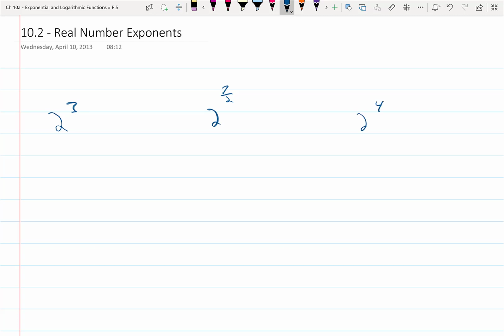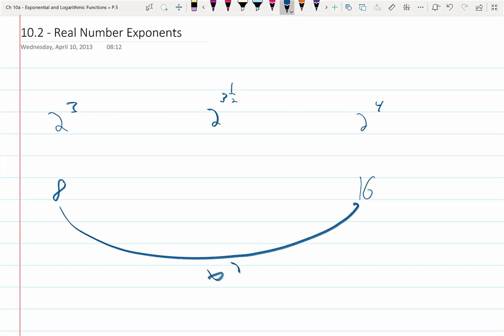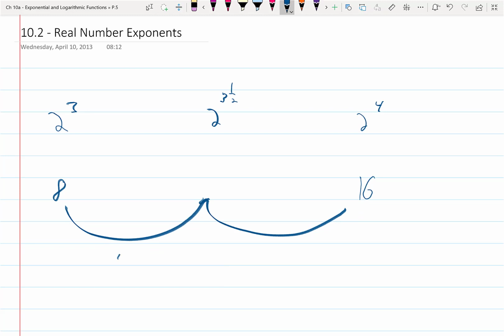You've hopefully started to figure out that if I know 2 to the 3rd is 8, and 2 to the 4th is 16, then 2 to the 3.5 means, if going one step is multiplying by 2, then going in 2 equal steps means multiplying by root 2. So this is actually 8 root 2. I get the idea that there's a partial meaning and linkage between how to get from 3 to 3.5 to 4 as an exponent.